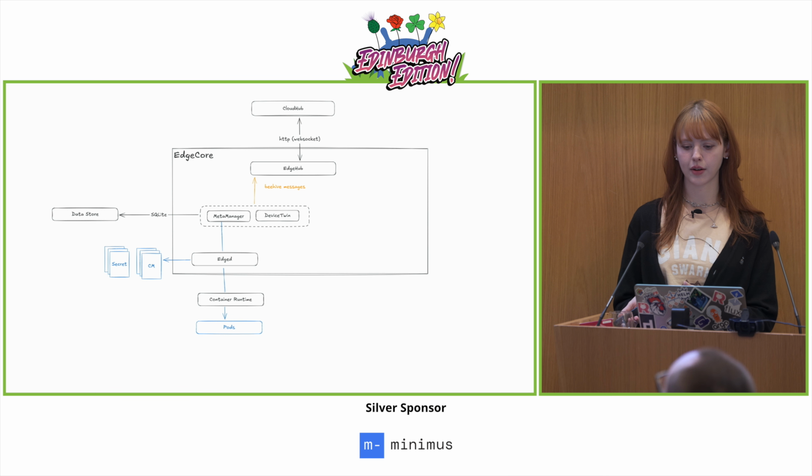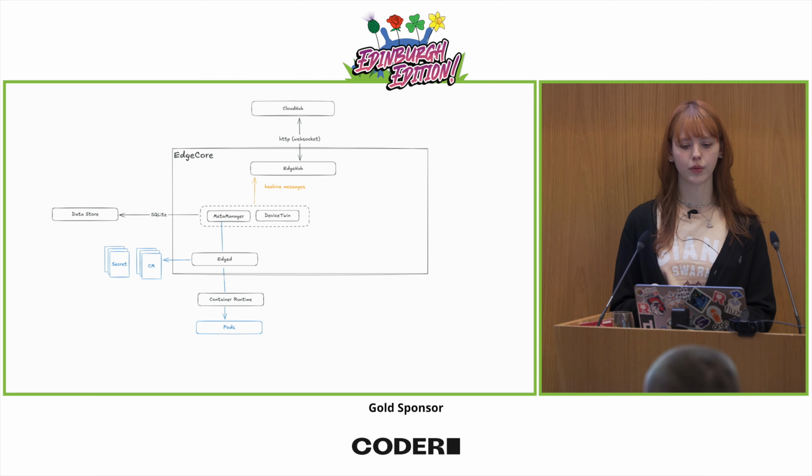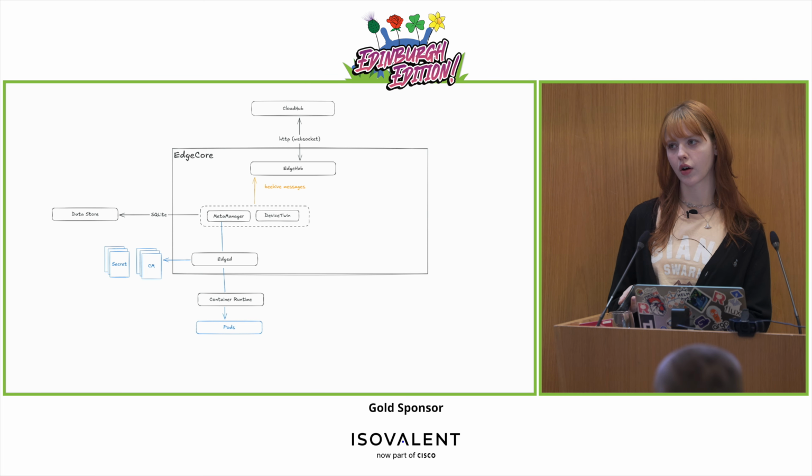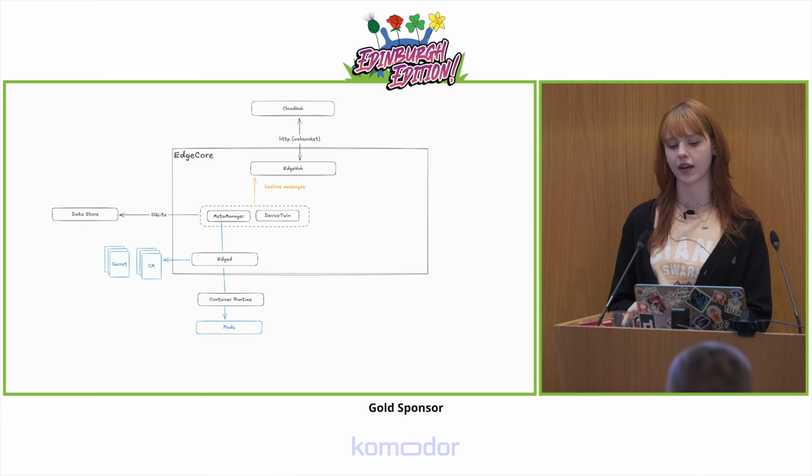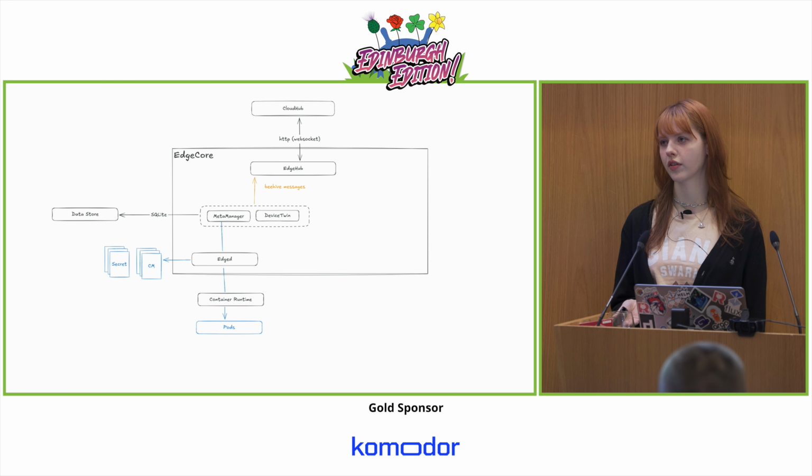This is so that in case your node disconnects, it will still work, basically. The other one you can see is the device twin, which keeps track of the state of your devices. It manages the attributes and status, and it will sync that information to applications that run locally, but it will also sync it to the cloud.